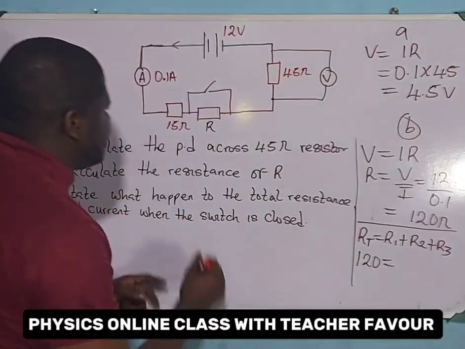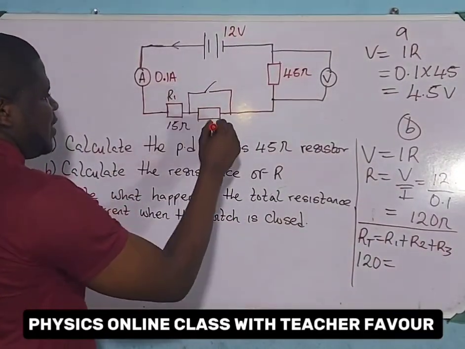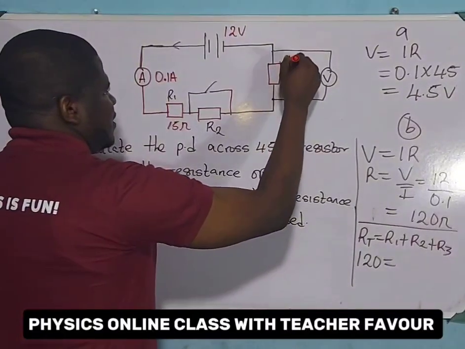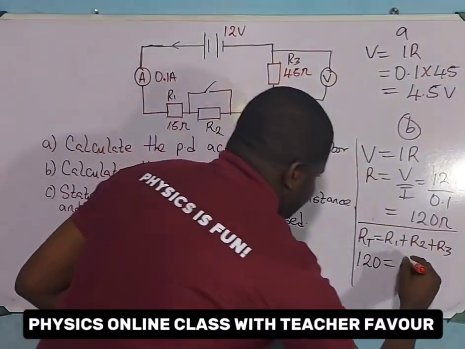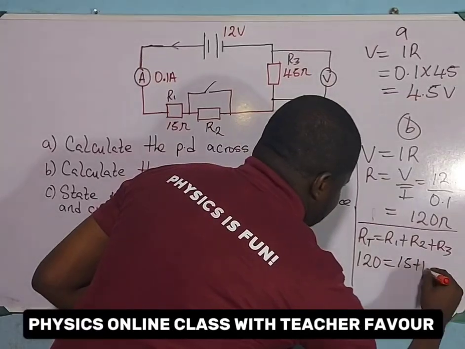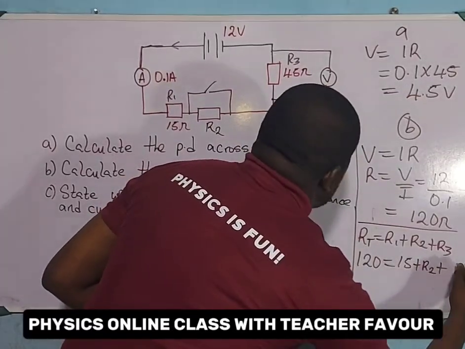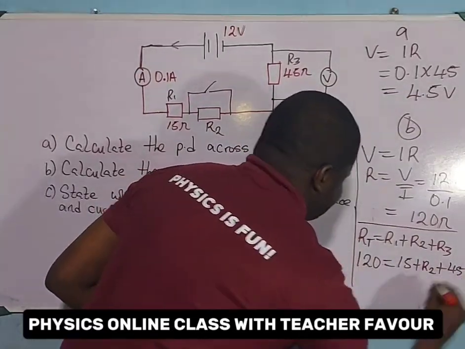Let's call these R1, R2, and R3. So here we have 120 equal to 15 plus R2 plus 45.